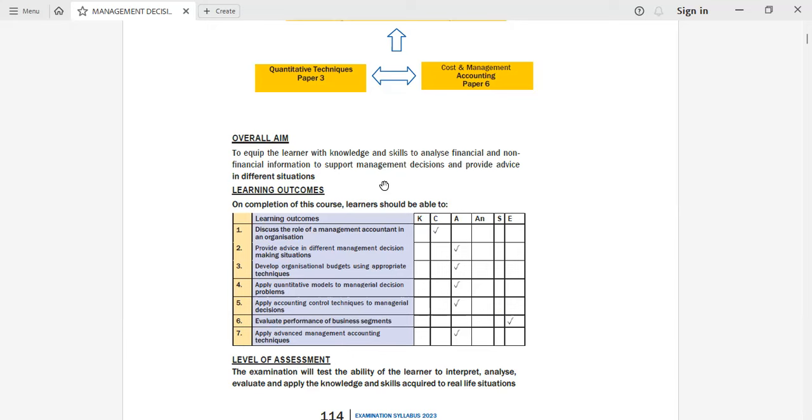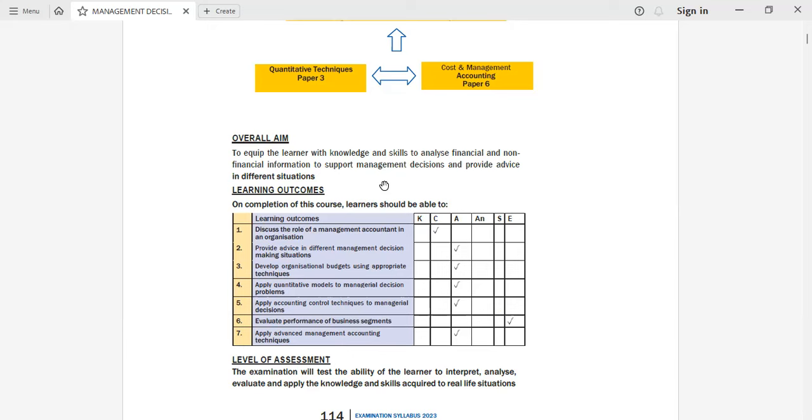Because at the end of the day, if, let's say, you're a manufacturing company, when we are manufacturing these products, we first of all forecast the number of units of raw materials we are going to be using in the organization, and the capital we have.